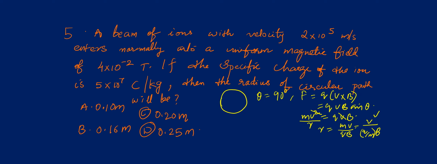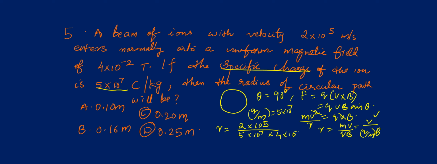Because in the question it is given that specific charge, which means the charge to mass ratio q by m, is 5 into 10 raised to 7. So now we can find out r. V is 2 into 10 raised to 5, divided by q by m, which is 5 into 10 raised to 7, into B, given as the magnetic field 4 into 10 raised to minus 2. When you calculate this, you will get 0.1, and the correct option is option A, 0.1 meter.